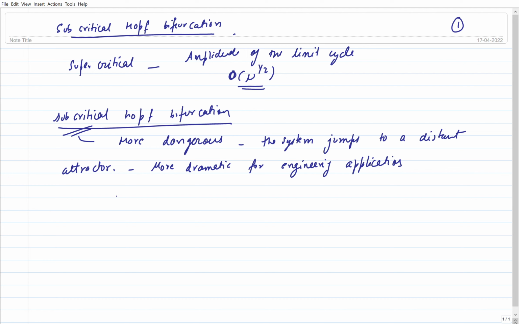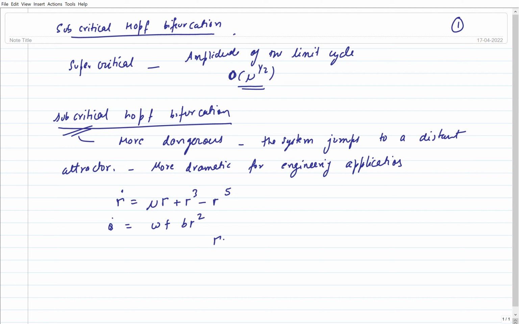So let's study an example. Here we take the dynamical system r dot equals mu r plus r cubed minus r to the fifth, and theta dot is b r squared.